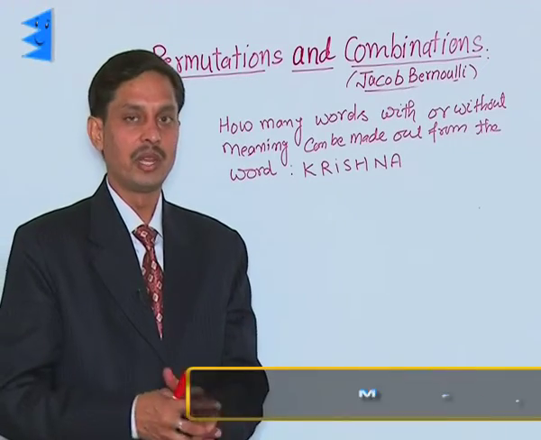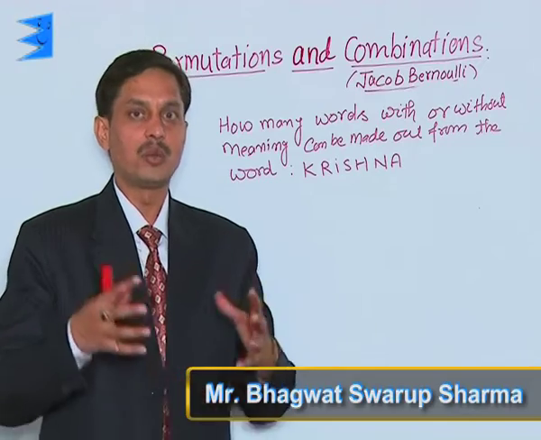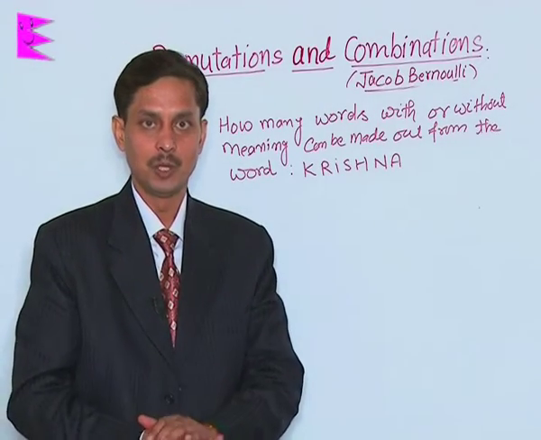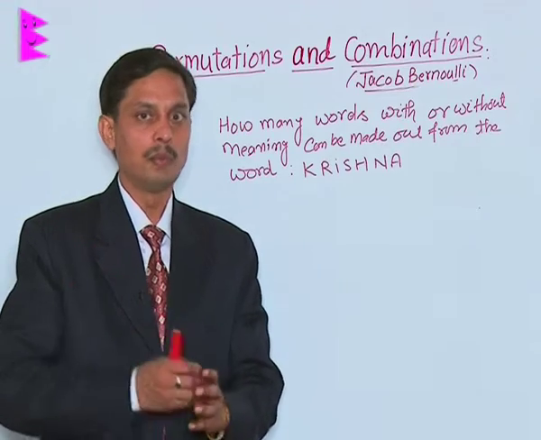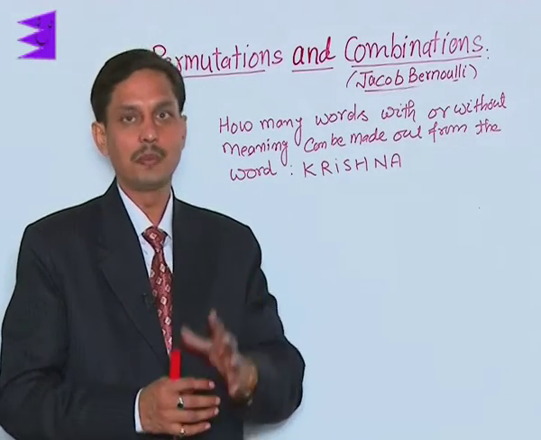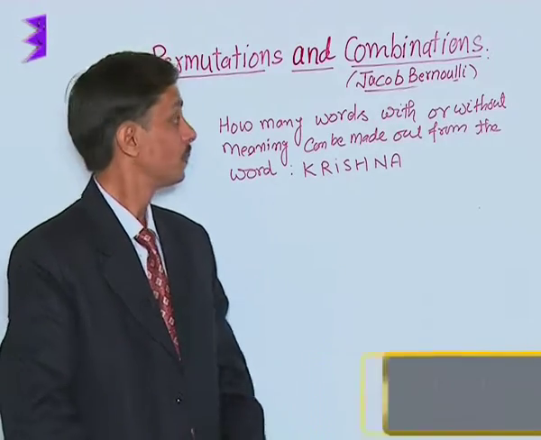I am taking one example where we will diagnose which principle, addition or multiplication, will be applicable. So the most important funda to solve the problem is to read the problem very carefully, twice or thrice.